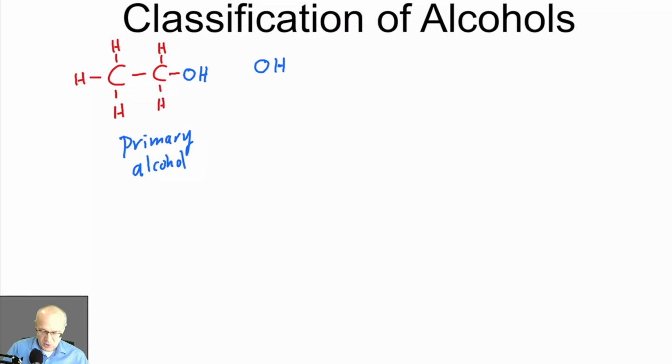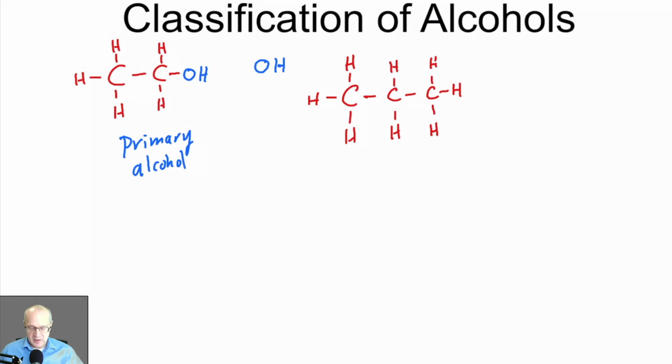Now, let's draw propane. Same as before, we're going to put the OH on some carbon. In this example, I want to draw a secondary alcohol; I've already drawn a primary alcohol. So if I were to ask you, is that carbon primary, secondary, or tertiary, you would all say, hopefully, primary.